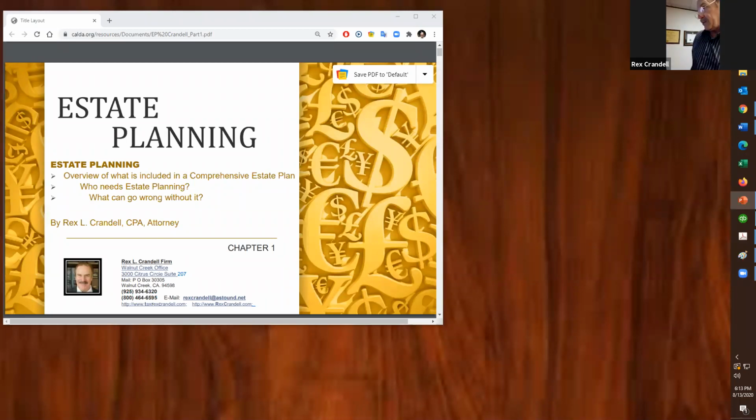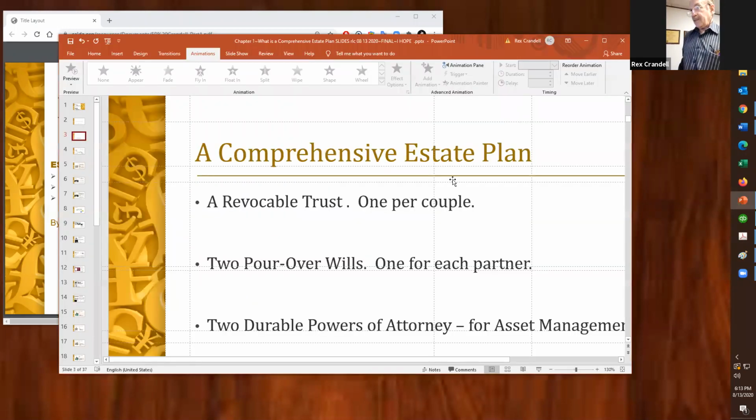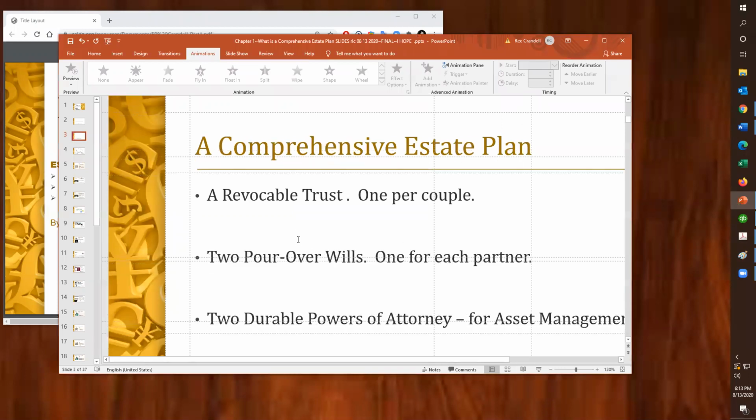This does not say learning objectives on yours. No. Okay, let me try something else. I'm going to move monitors. Does that say Yes. comprehensive estate plan?